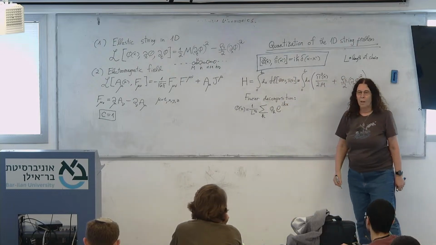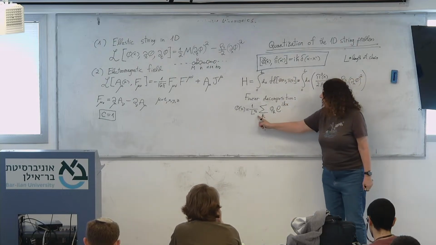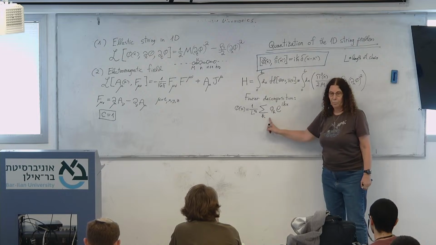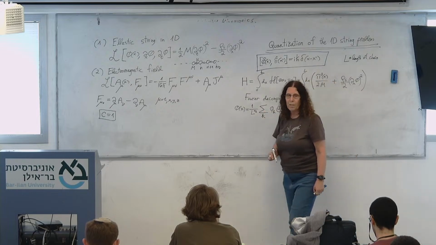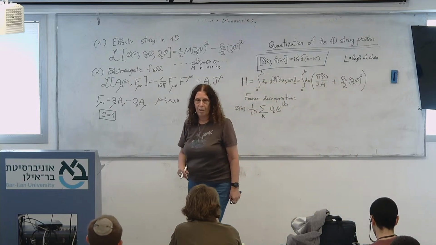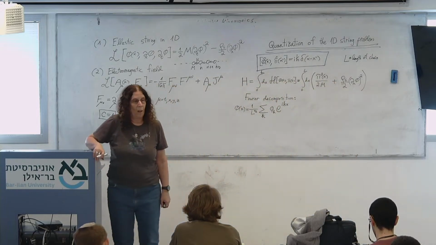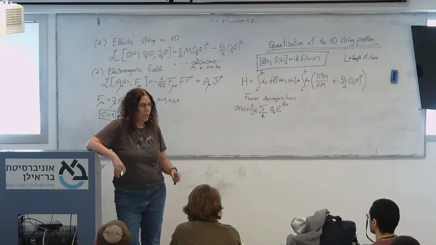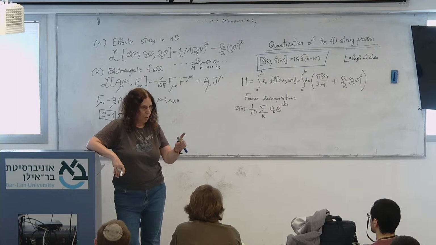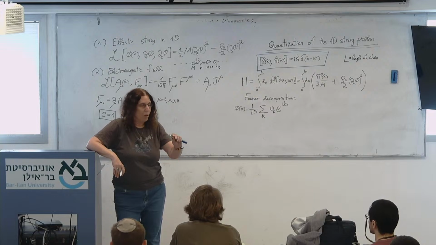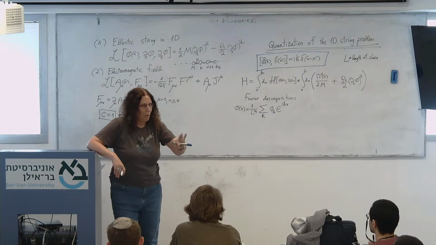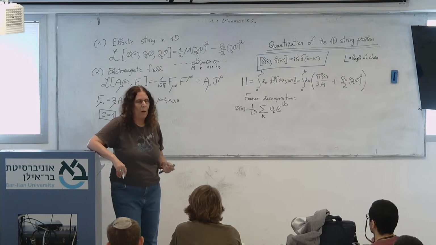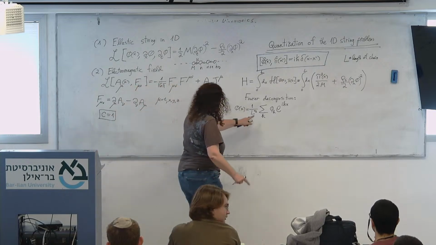Okay? Now, why do I have here a sum? So I'm assuming here that it's actually a Fourier series, not a Fourier transform. Why is that? Why is it a sum and not an integral?